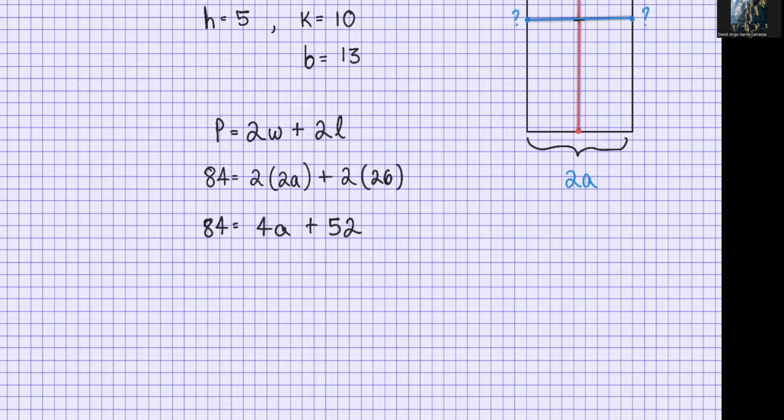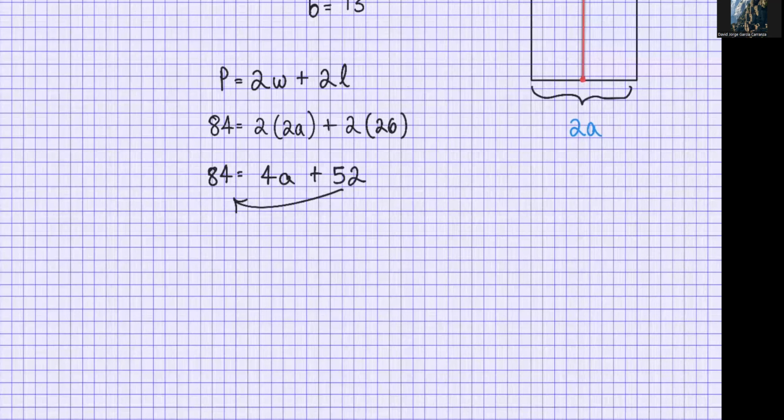So 52 will go onto the other side, subtracting. So 84 minus 52 will be 32. This will equal 4a. So if we isolate a, we will have 32 divided by 4. a equals 8.